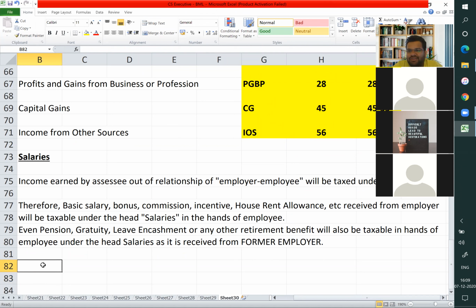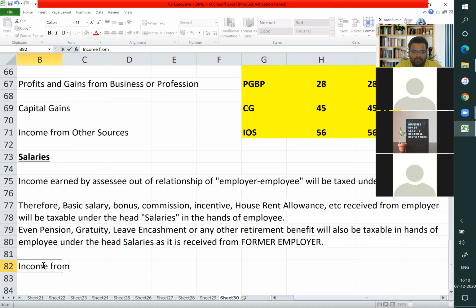Of course, from tomorrow we are going to start formally with the topic of salaries, and we are going to see how this taxable salary will be calculated. Getting it? But before that, we are just going to introduce you to every head. Yes, all these things, superannuation and all, will be taxed under the head of salaries.